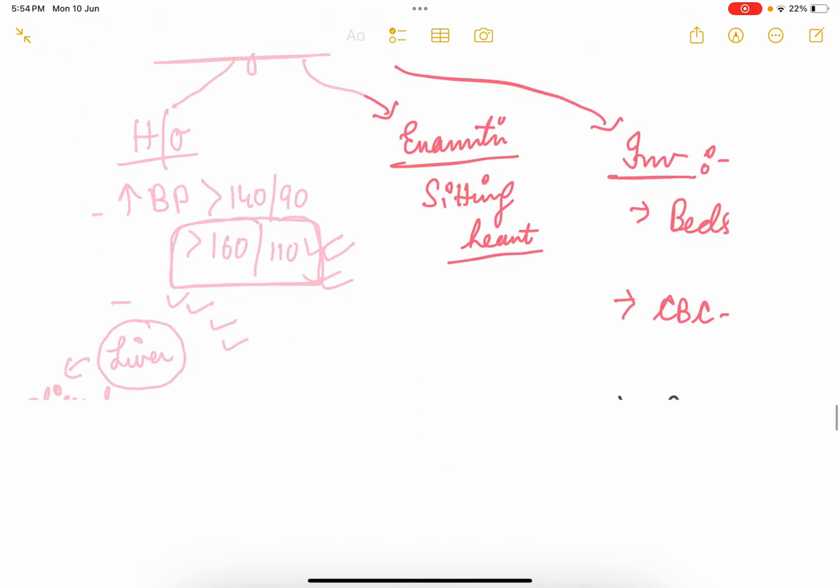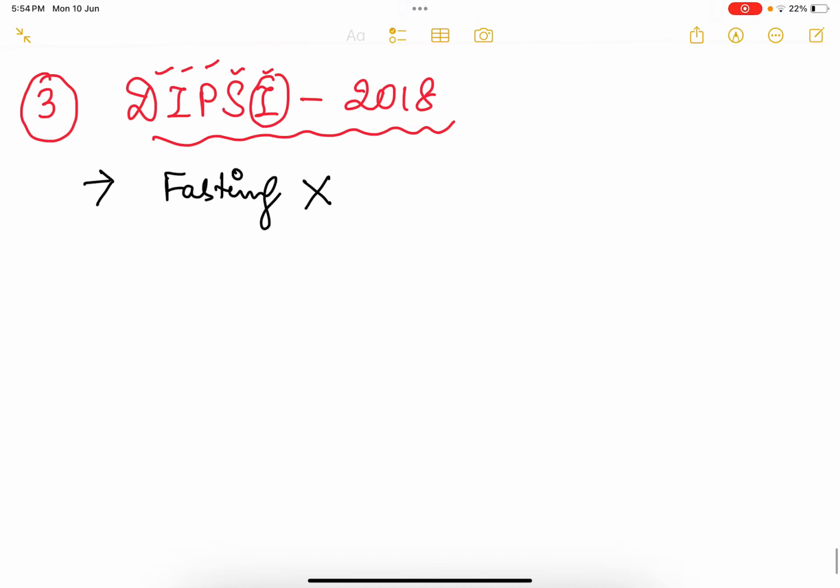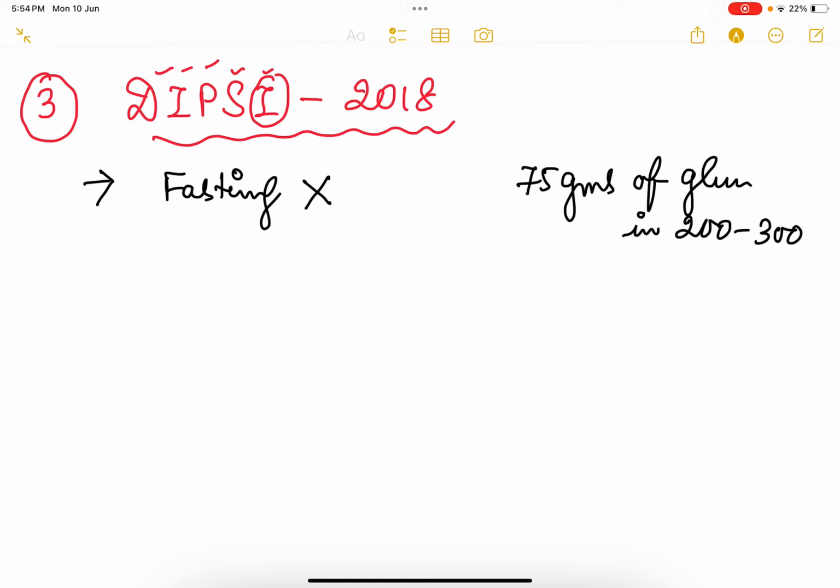Now this 75 grams of glucose which is given to the mother is dissolved in 200 to 300 ml of water, just like the IADPSG guideline.